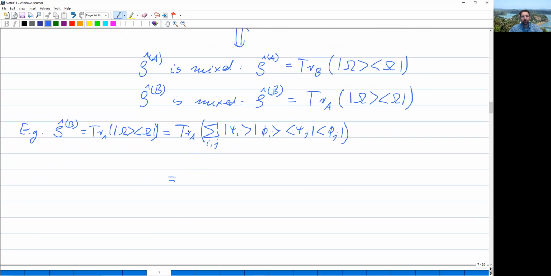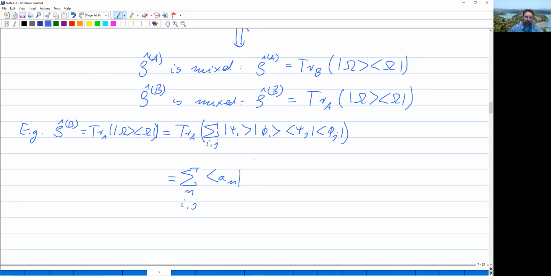Remember, we have to choose a basis, arbitrary, but we have to choose a basis in the Hilbert space of system A. And then we have to put these basis vectors left and right so that we end up summing over the diagonal there. So what we have here is the sum over all n, and then we choose basis vectors here. So we have here a_n, and then we also have the sum over i and j.